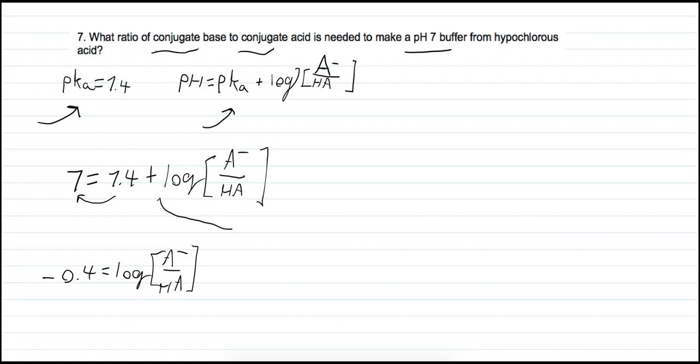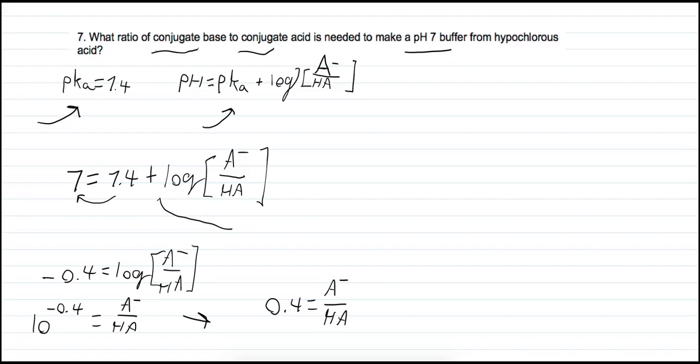To undo the log, you're going to have 10 to the power of negative 0.4. And you're going to do that to both sides, and that will give you your ratio of A minus to HA. And if you write it over on this side, because I'm running out of room, 10 to the power of negative 0.4 is, if you round it, 0.4 equals A minus over HA.